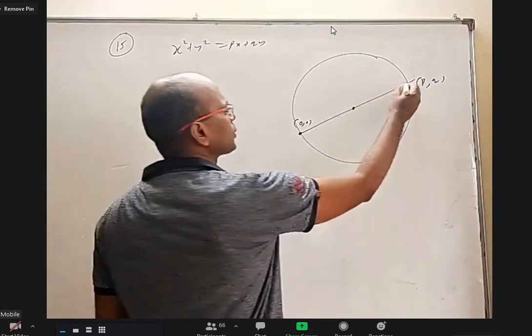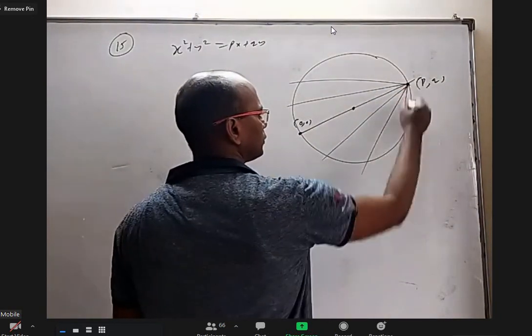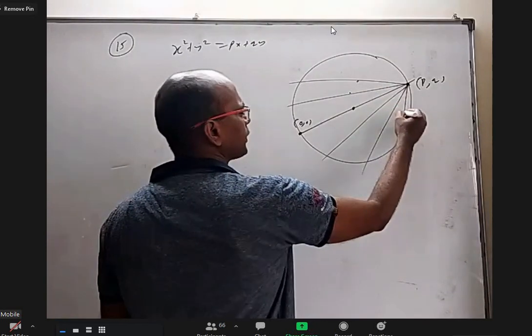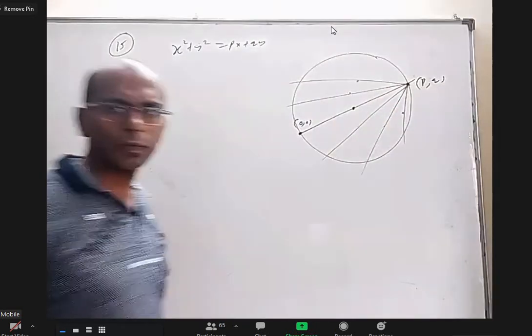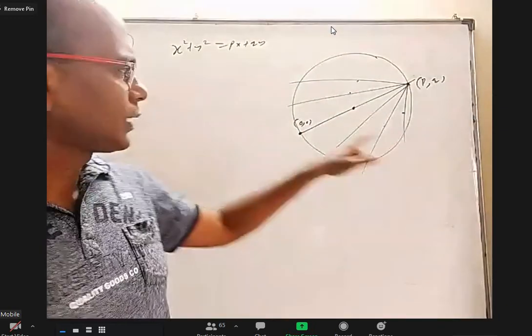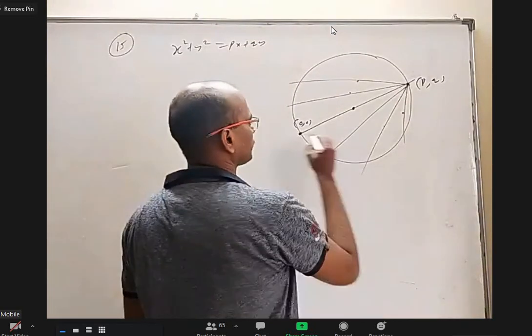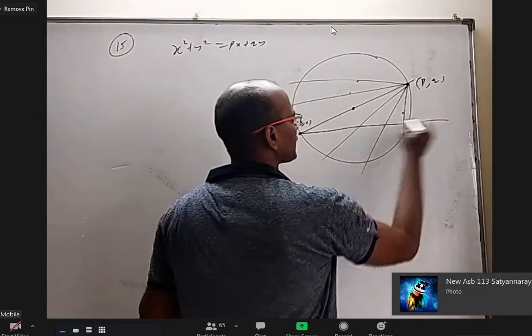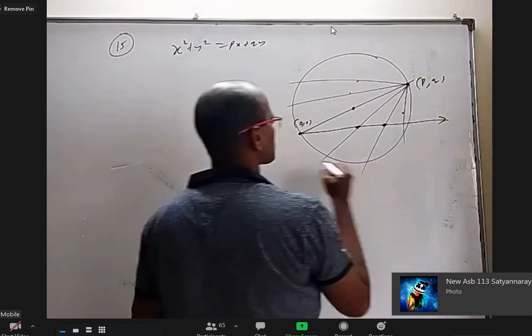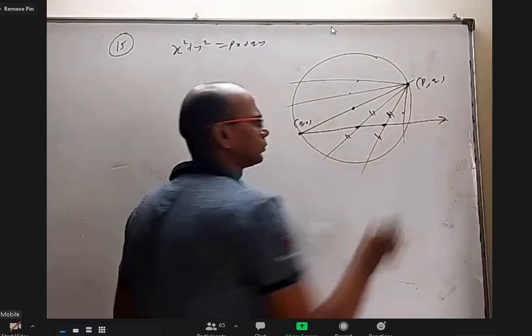Passing through (p, q), I can draw many chords. They will have some midpoints. But out of all these chords, the x-axis will pass through the midpoints of only 2 chords. Maybe the x-axis is like this. These two lengths are equal, these two lengths are equal.